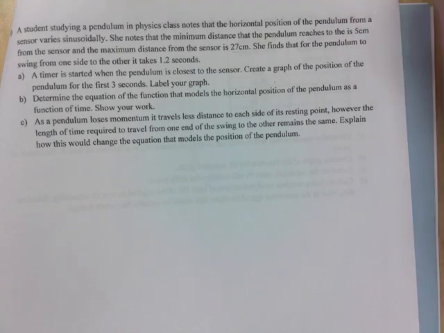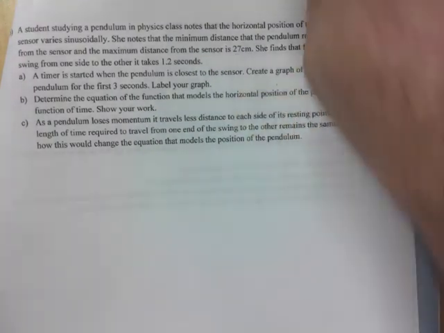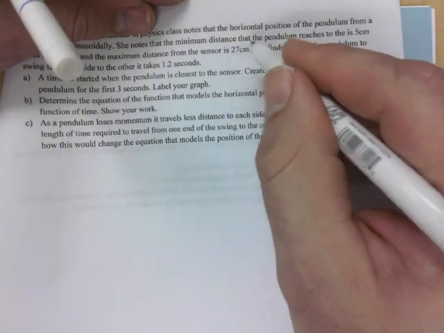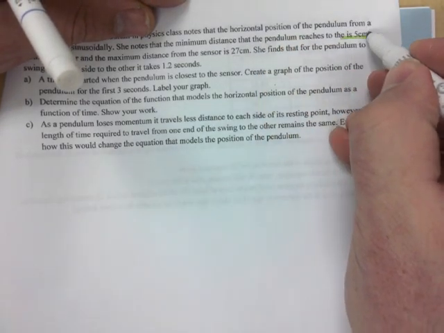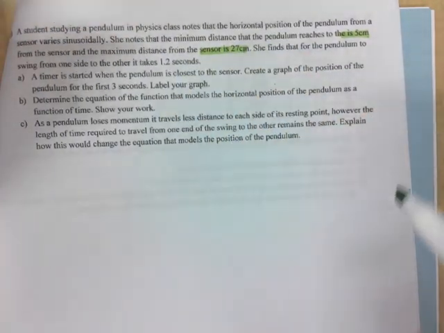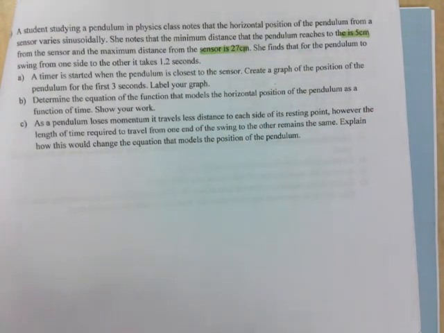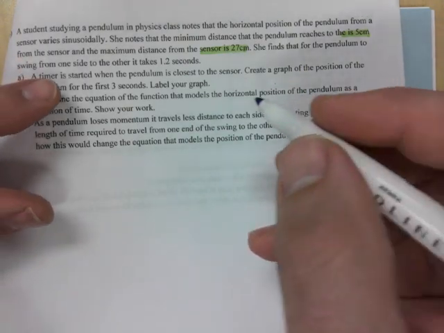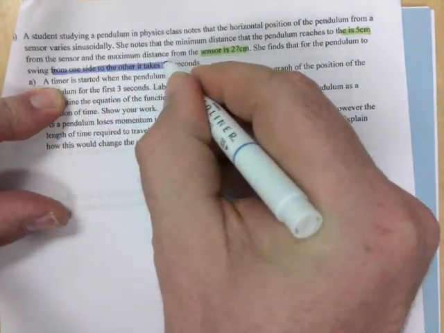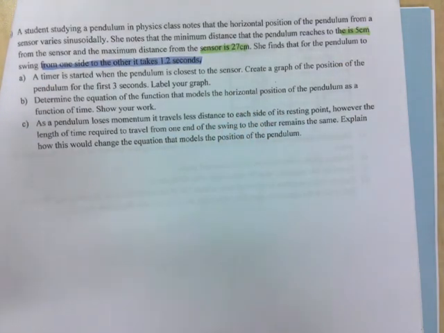So let's take our time here. I'm going to highlight the fact that the pendulum is swinging. It gets as close as 5 centimeters and as far as 27 centimeters from that sensor, right? And that it takes from one side to the other, it takes 1.2 seconds.